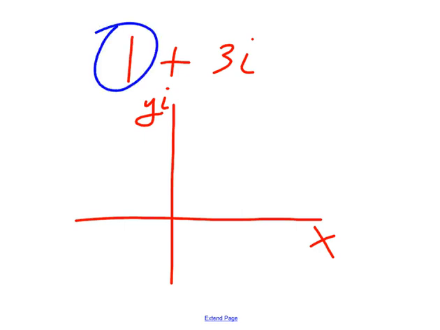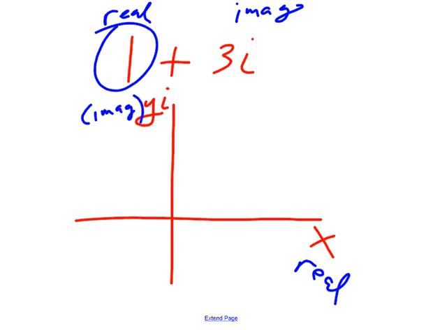1 in the x direction, because this is the real part, and this is the imaginary part, right? So what's the real part of this number? It goes over 1. There, I went over 1.